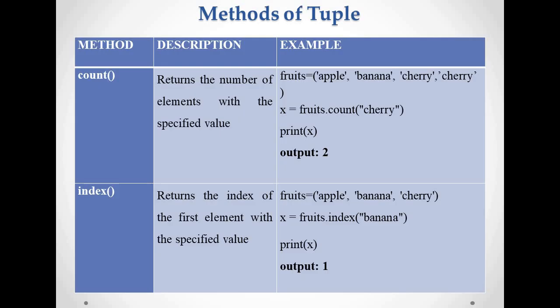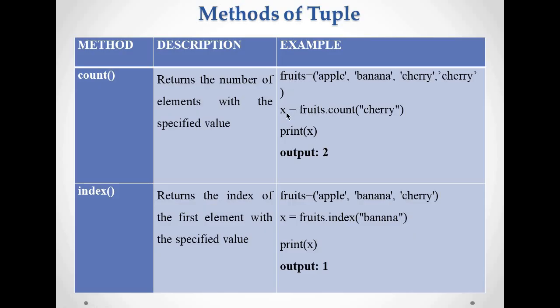Now let's move on to another topic, methods of tuple. What are the other methods which we can use with the tuple? Count. This count function will return the number of elements with the specified value. See, in this example we are taking one tuple named fruits, and it contains 4 elements.